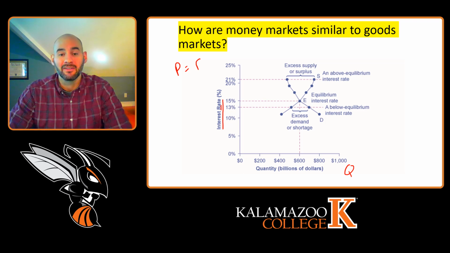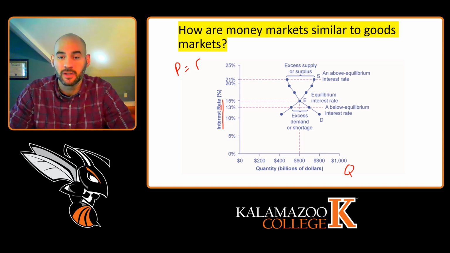So we have our L-shaped axis, labeled with price on the vertical, quantity on the horizontal. We have an upward sloping supply of money curve, which is going to be our savings, and a downward sloping demand of money, which is going to be our loans and credit.